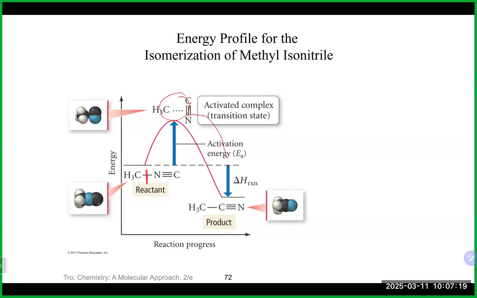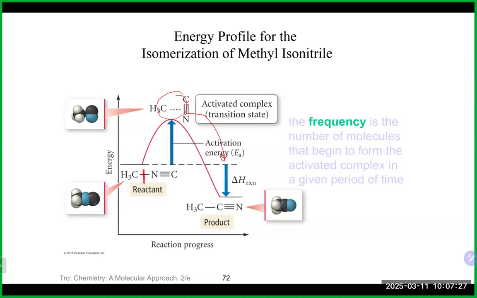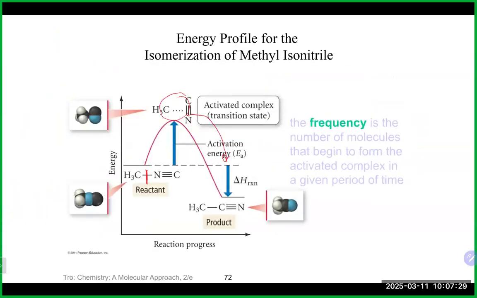And it's going to drop down pretty quickly in this case because of that. So even something that is just rearranging, you will have this internal breaking and making of bonds happening in this type of reaction.